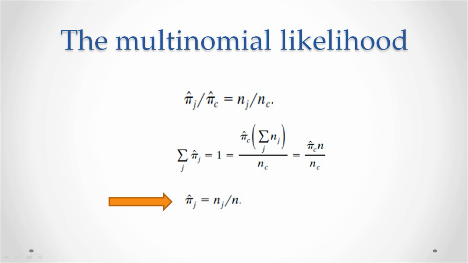This means that the corresponding sample proportions for the various categories are the maximum likelihood estimators in this case.